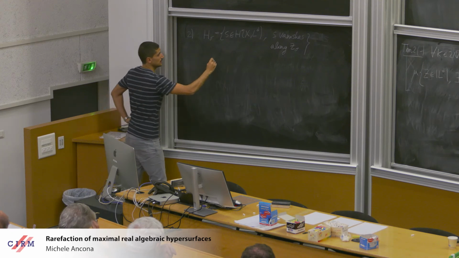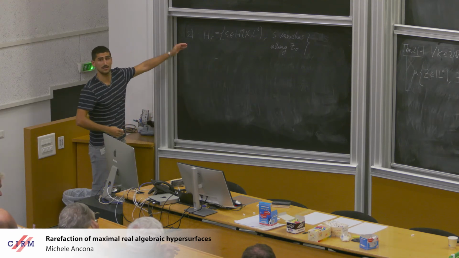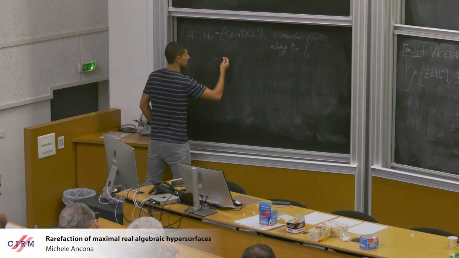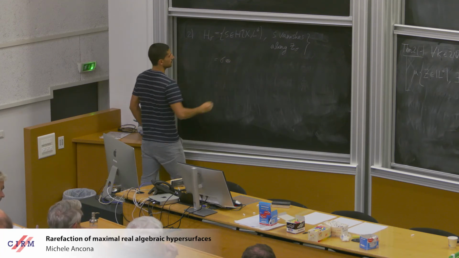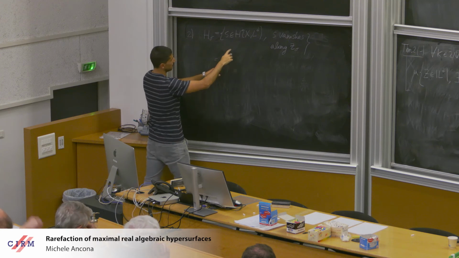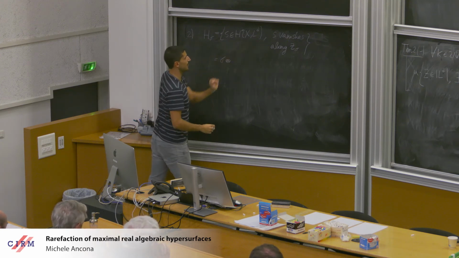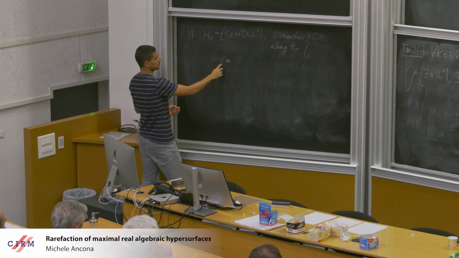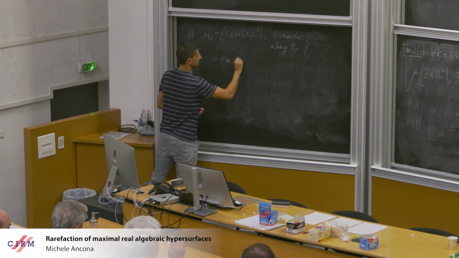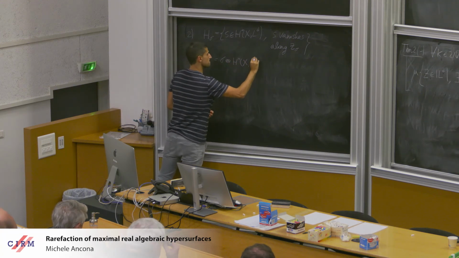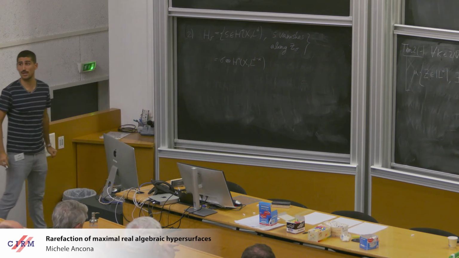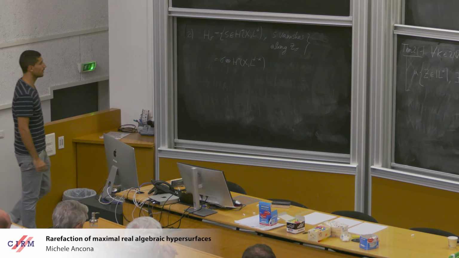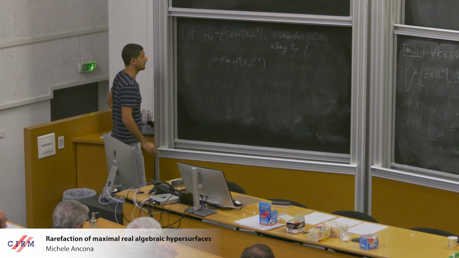Which is the same, with a small abuse of notation, as the subspace of the global sections of L^D, which one wants to denote by sigma tensor H0 of L^(D minus K).